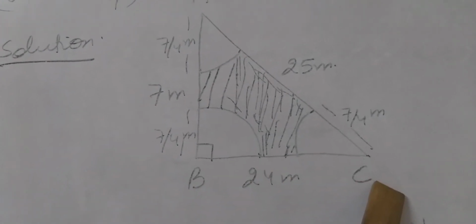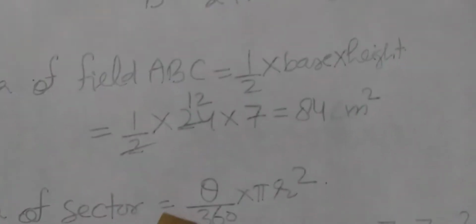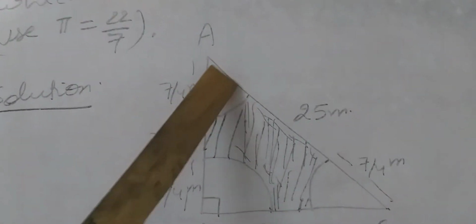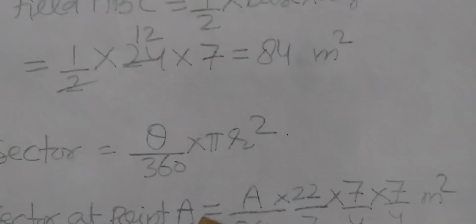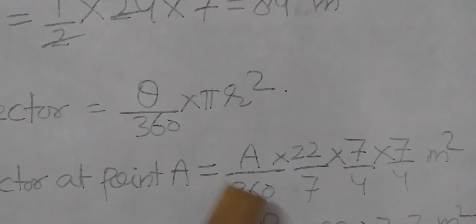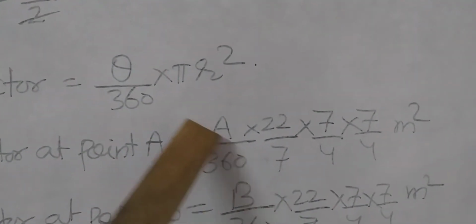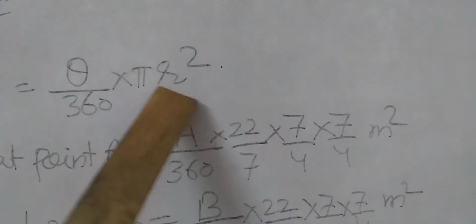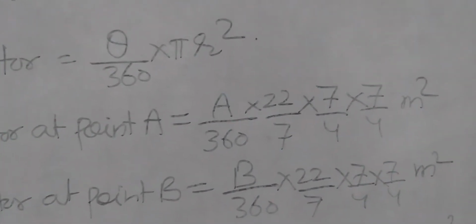Now student, you can see here at the points A, B and C, three sectors are there. So area of one sector is theta upon 360 into pi r square. So theta is not given to us and radius is given 7/4 meter. So we can write A upon 360 because this is angle A. So at the place of theta we can write A upon 360 into pi value 22/7, radius 7/4 into 7/4 meter square.